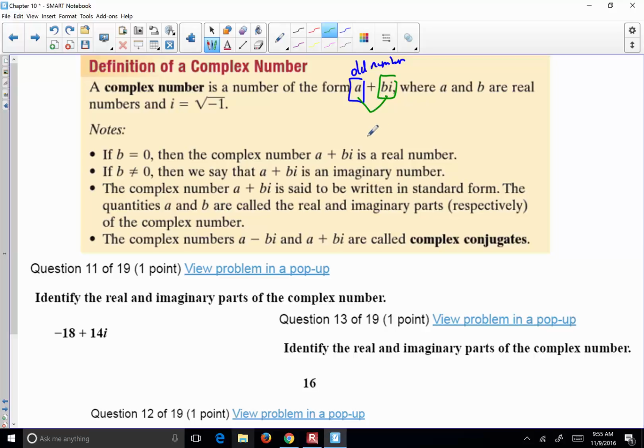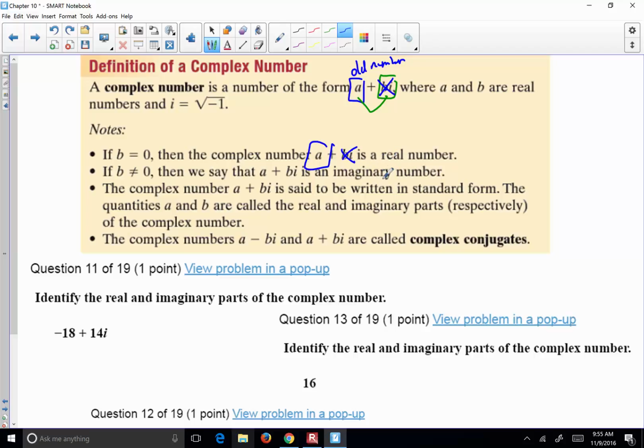Okay? And whenever you create a number and i is present, we call that number an imaginary number, because i cannot be real. It's not a regular number. It's something imaginary. So if b is 0, then what you get is just a, and a is already a real number, a number you are familiar with.